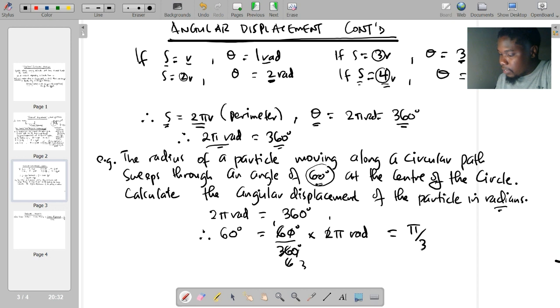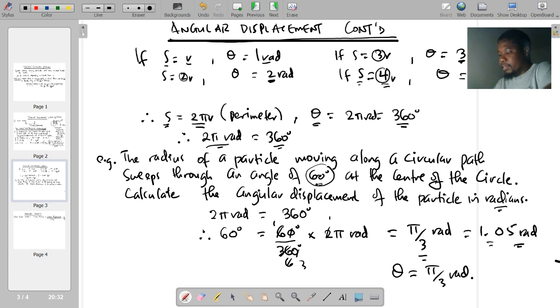The answer is pi over 3 radians, or 1.05 rads. You can confirm on your calculators, but it's supposed to be pi over 3 radians. This will be the angular displacement in radians. Very important. I hope that is clear.